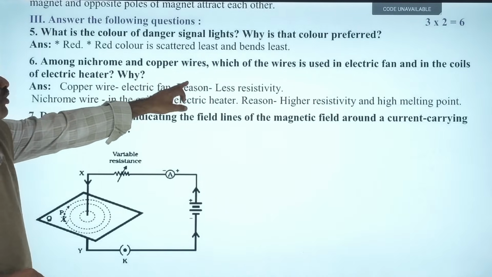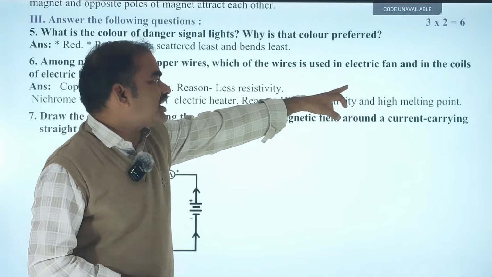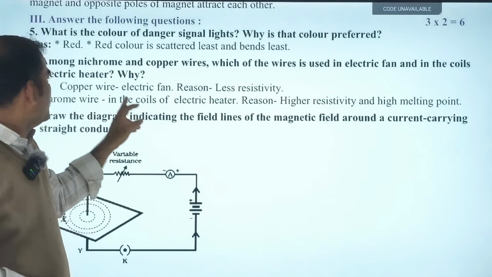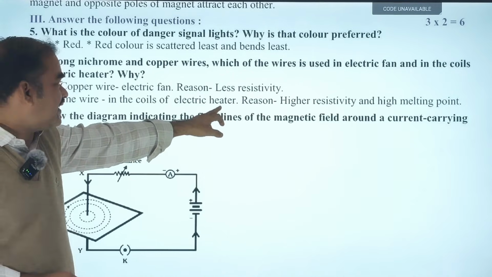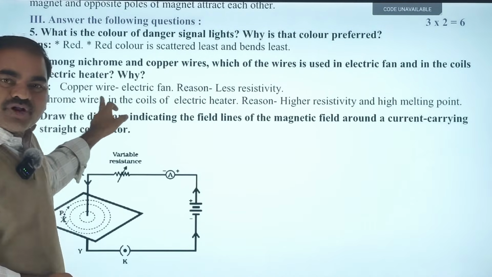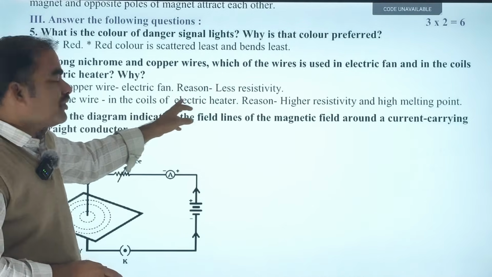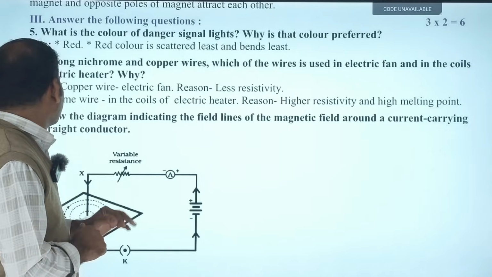Among nichrome and copper wires, which of the wires is used in an electric fan and in coils of an electric heater? Why? So one is nichrome and another one is copper wire. Copper wire is used in electric fans, because its resistivity is less, low resistance will be there.